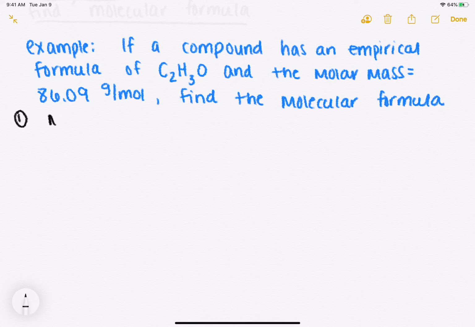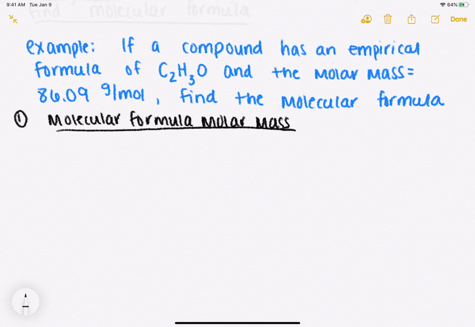And that ratio is going to be the molecular formula molar mass over the empirical formula molar mass.